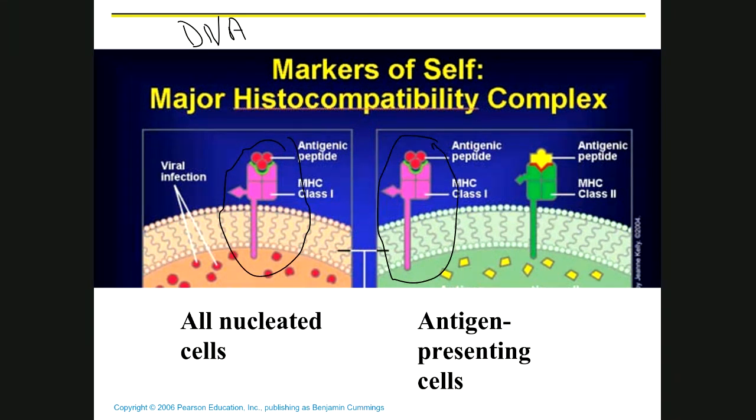Well, the protein is called MHC. And here's what it stands for: major histo, which means tissues, compatibility complex. Another way to think about MHC is to think of it as your tissue type.